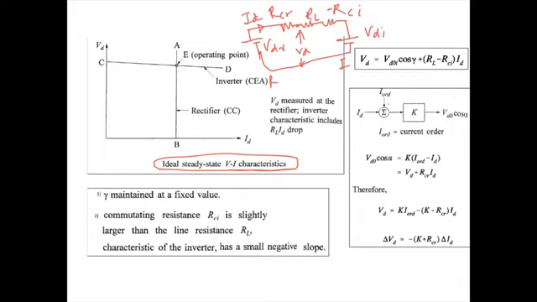So this ideal steady state characteristic is essentially the characteristic representing the relation between Vd and Id for the whole HVDC link. When the HVDC link is in operation, it will have some direct voltage Vd and there will be some current Id in the link.